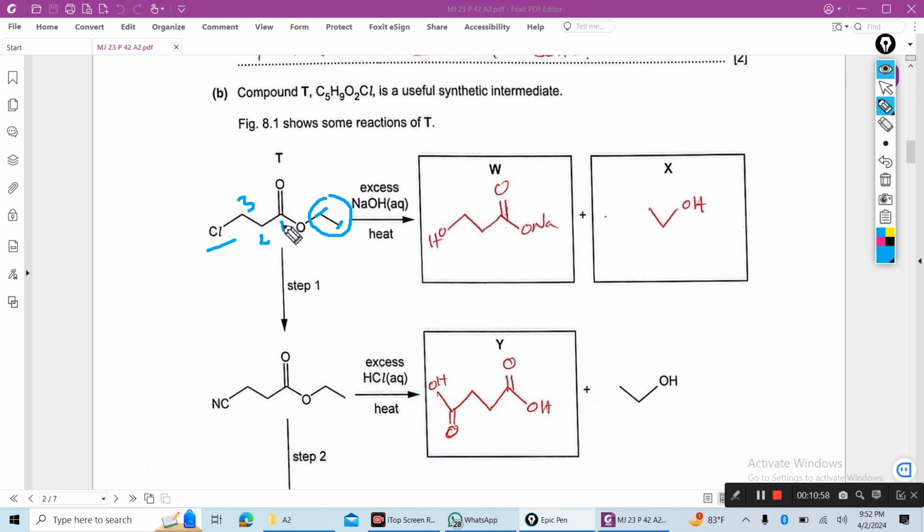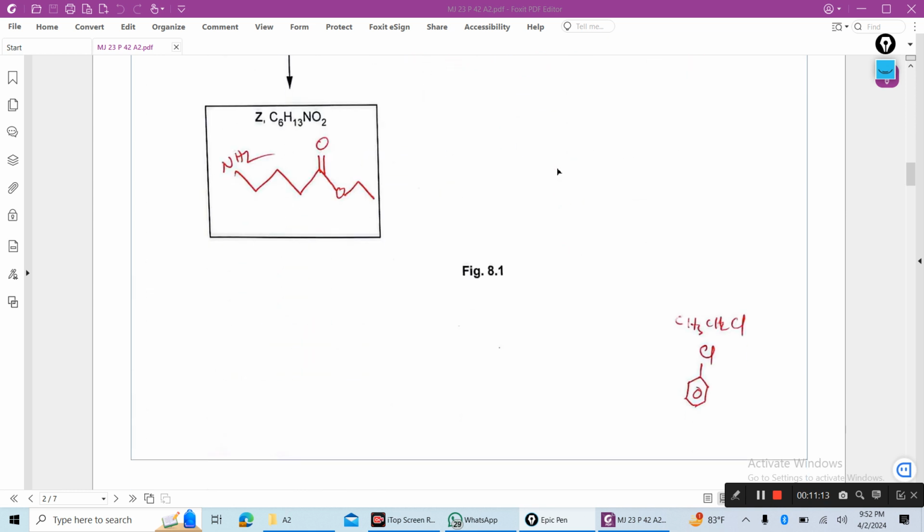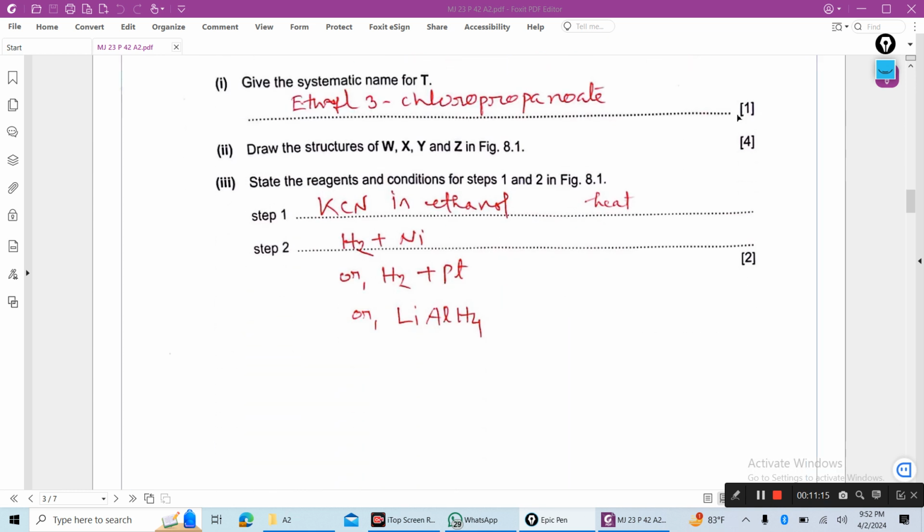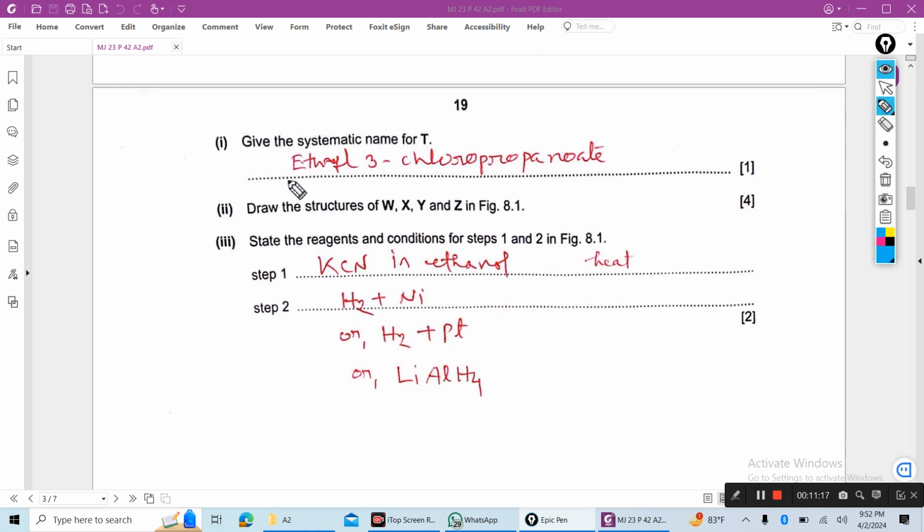Ethyl 3-chloro, 1 2 3 carbon alkanoate is propanoate. So the systematic name of T will be ethyl 3-chloropropanoate. This is the one. Number 2 I already discussed.